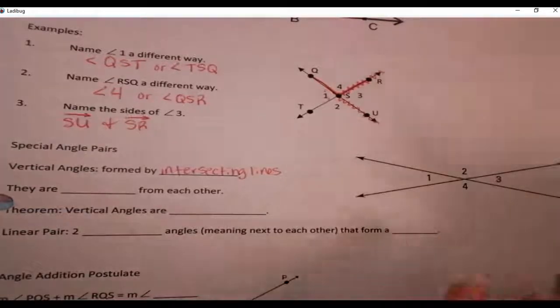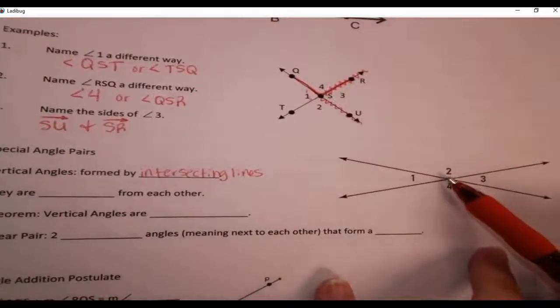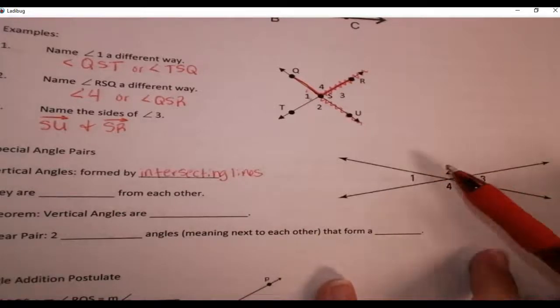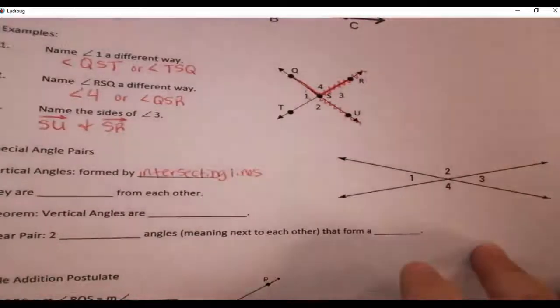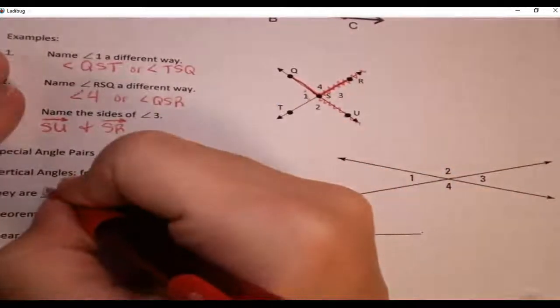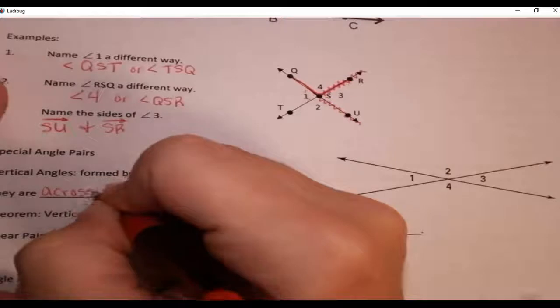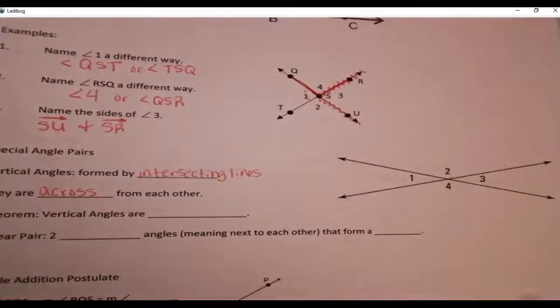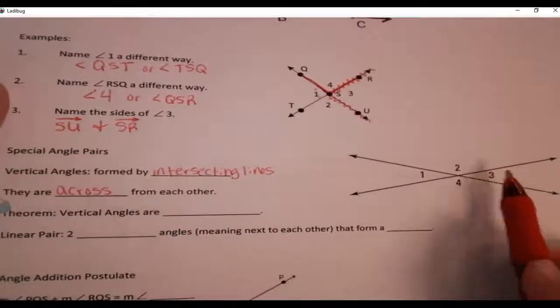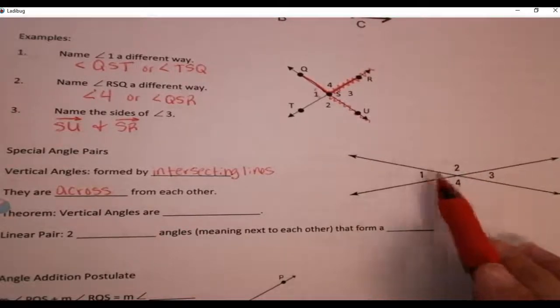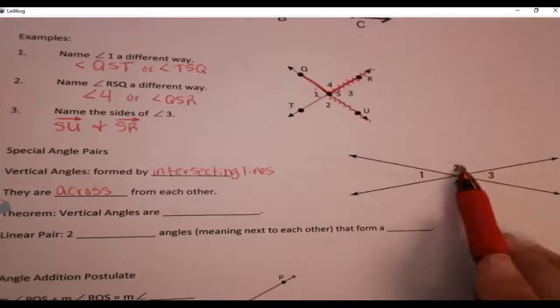So when you have intersecting lines like these over here, you have 4 angles that are formed. Vertical angles are across from each other. So our vertical angles here would be 1 and 3, and then 2 and 4. They're always across from each other.